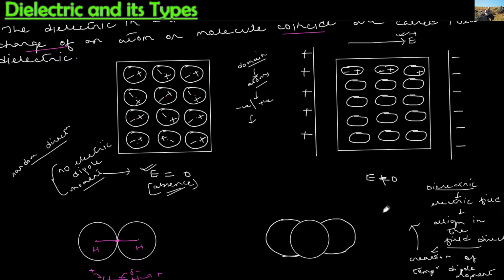So the positive charge will be in the direction of E, and the negative charge will be in a direction which is opposite to E. I have represented all these positive charges in the direction of the applied field, whereas in this direction the charges are in random directions.